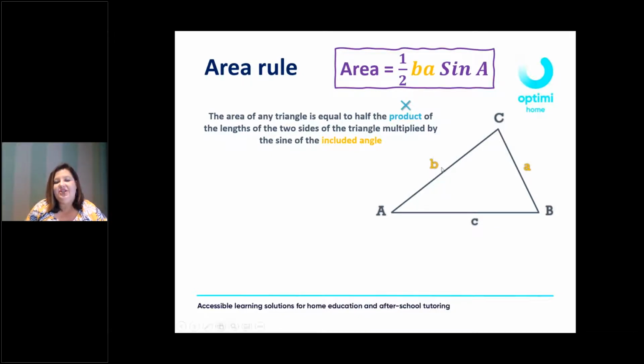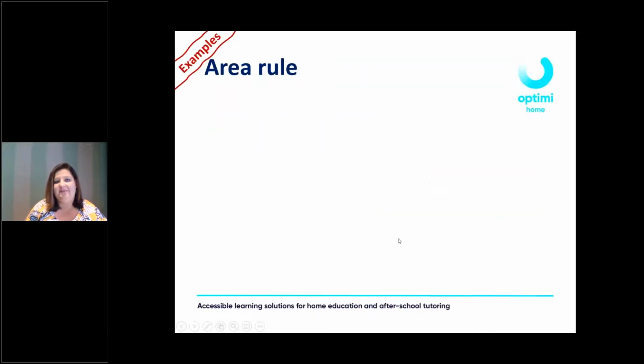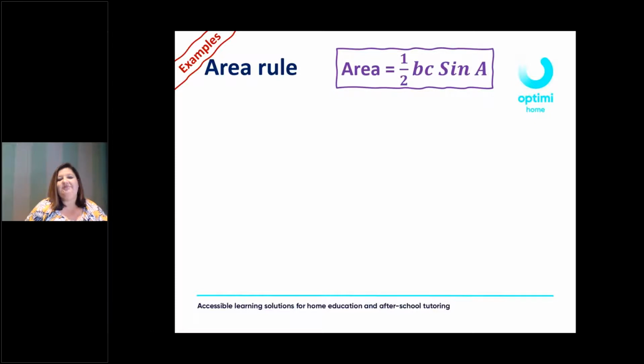So what about if I used A and B or BA? It doesn't matter. Remember the commutative law of multiplication. My included angle will be C, so my C needs to change over there. Right, and we said AC and sin B will be exactly the same. Right, so how are we going to use that?